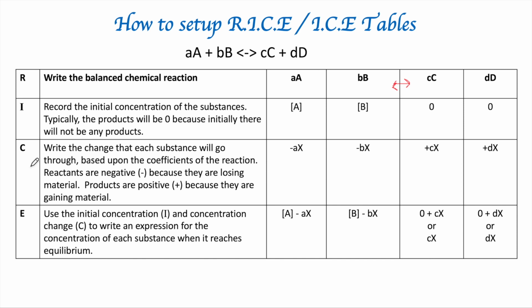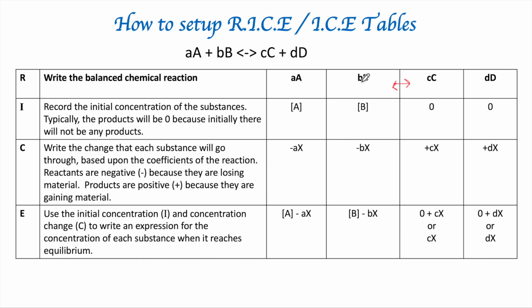Now for the C, which stands for the change, you write the change that each substance will go through based upon the coefficients of the reaction. The reactants are negative because they're losing material, and products are positive because they're gaining material. So this is based on the coefficient number. If A is a 1, then this would be minus 1x.